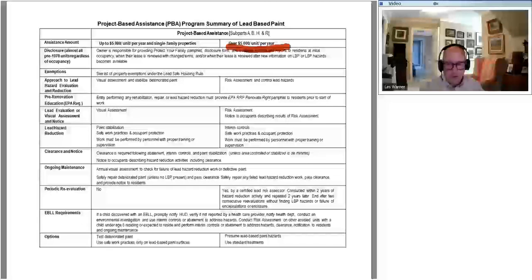So we would then be doing risk assessment. We would be doing interim controls. Yeah, and then the additional periodic reevaluations as well, as that's another difference between the two sides.